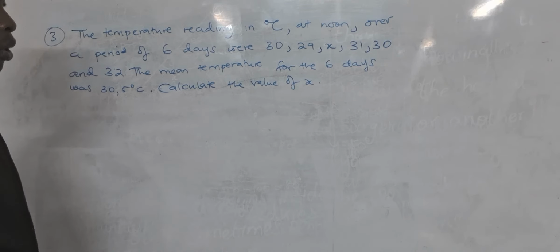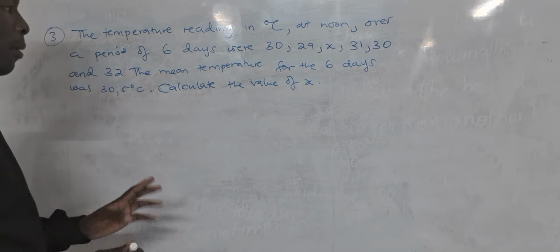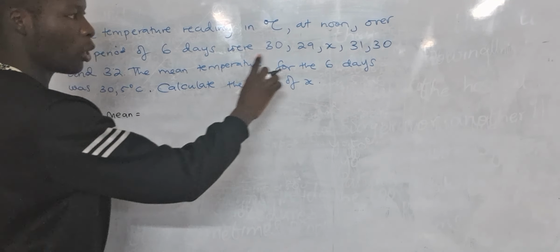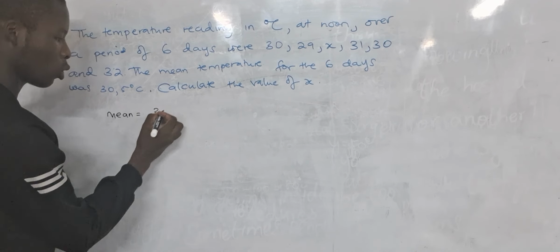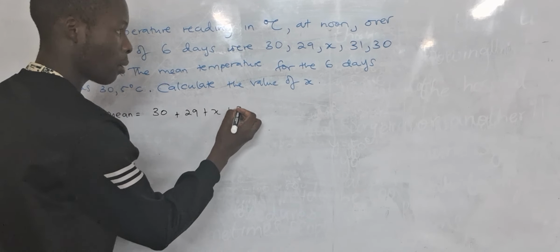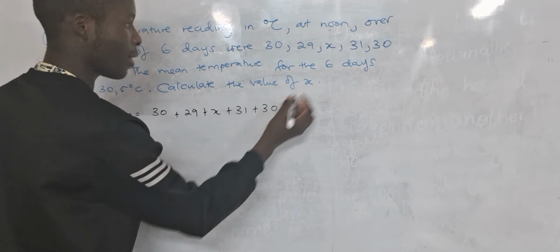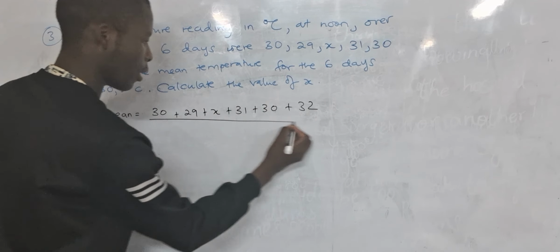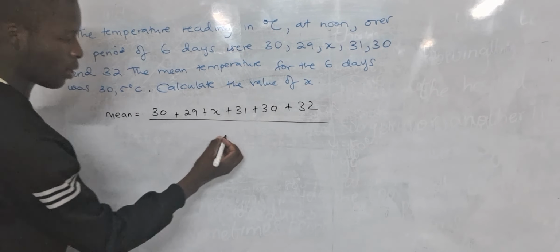So what do you do? You calculate the mean. This is the simple thing. Now mean is equal to, how to find the mean? You add the temperatures: 30 plus 29 plus x plus 31 plus 30 plus 32. You divide everything by the number of days, 6 days.